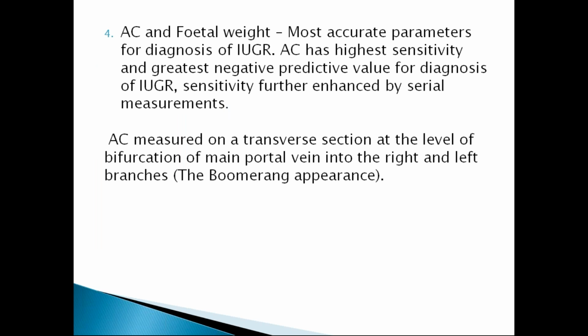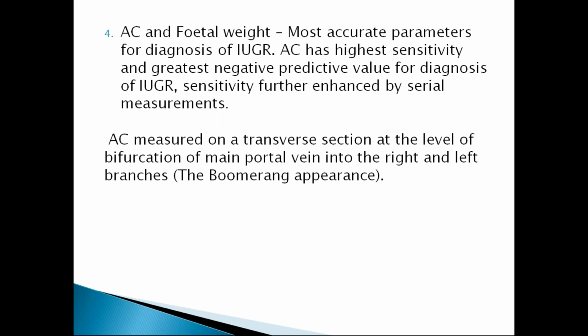Abdominal circumference is a very important parameter, because abdominal circumference is measured at the level of the umbilical portal vein, where the bifurcation of the portal vein is, roughly the umbilical level. It indicates the mass of the abdominal organ, particularly the liver.